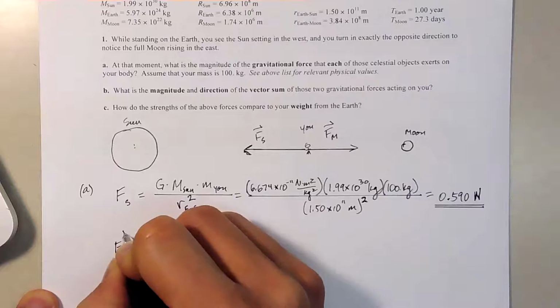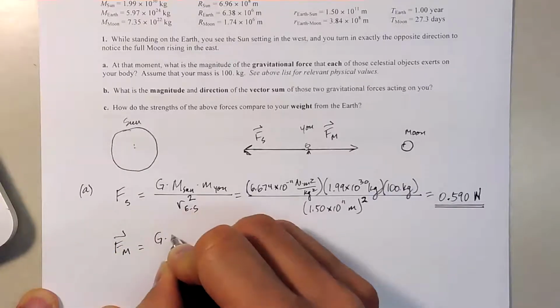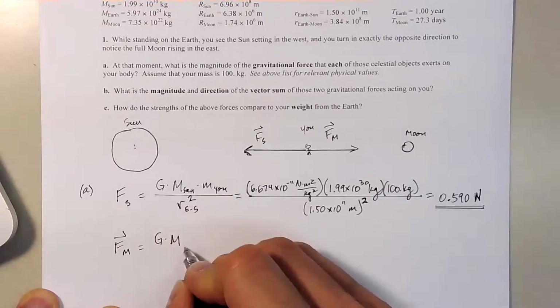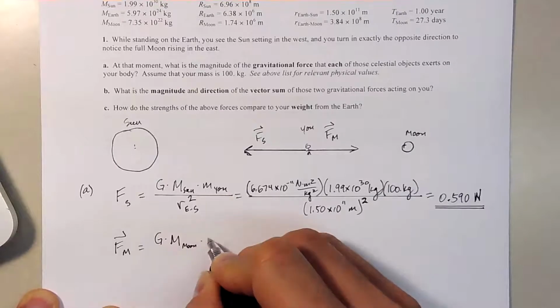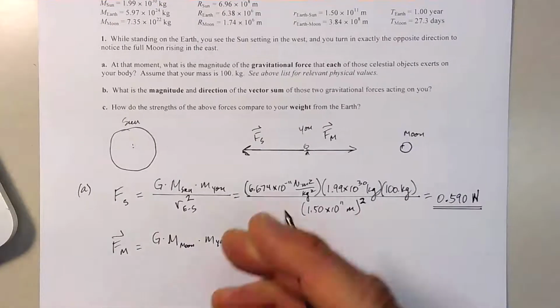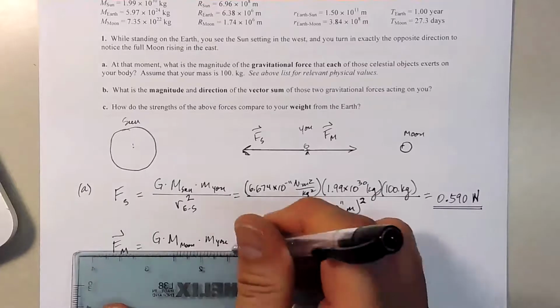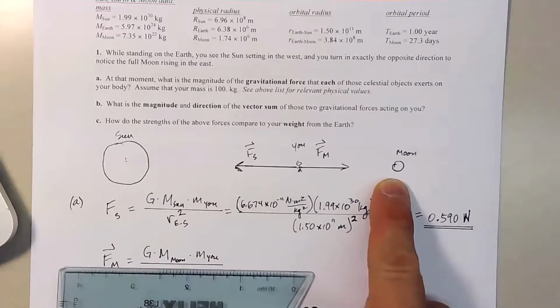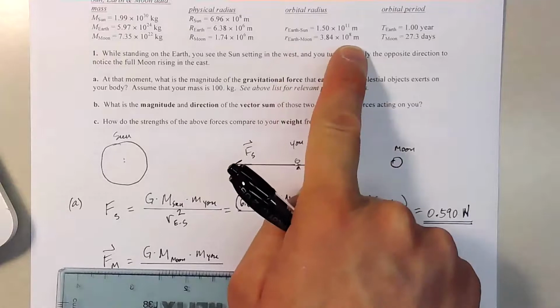If we calculate the force of the moon on you, let's set it up. We have big G times the mass of the moon times the mass of you divided by the separation between you and the moon squared. Well, for that, let's use the Earth-Moon mean separation.